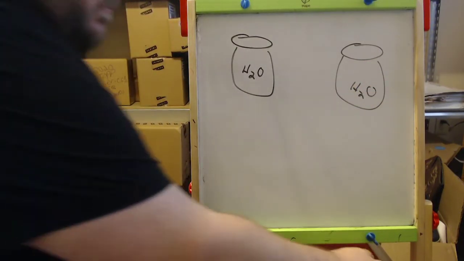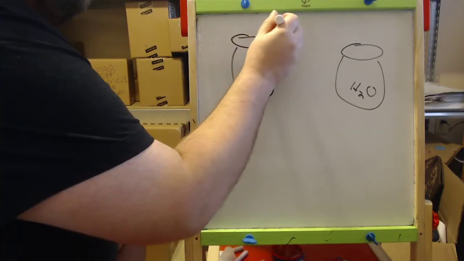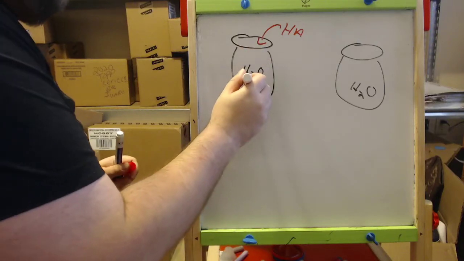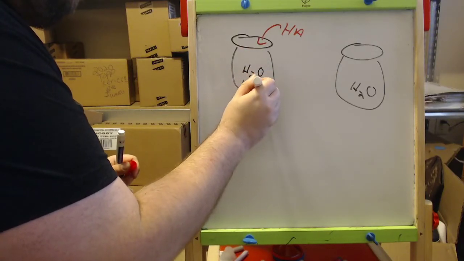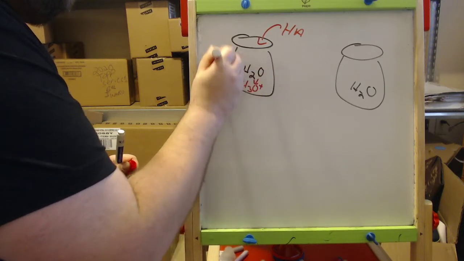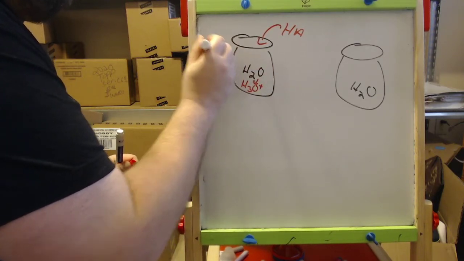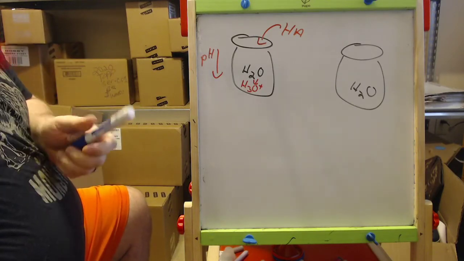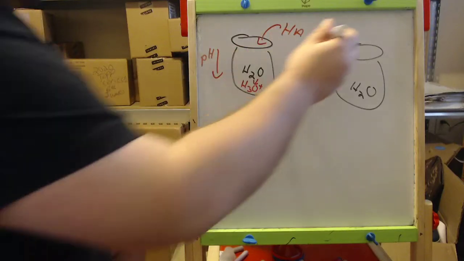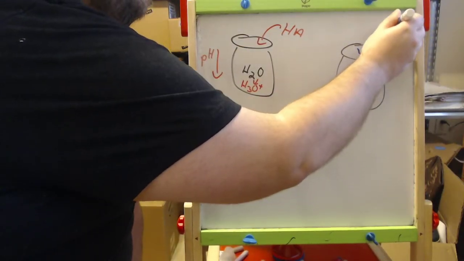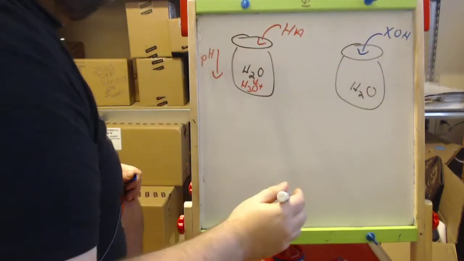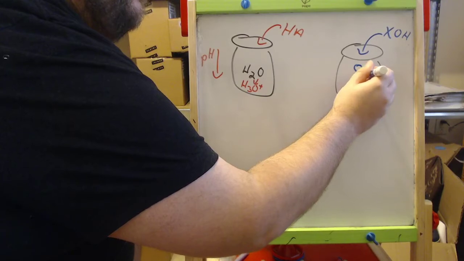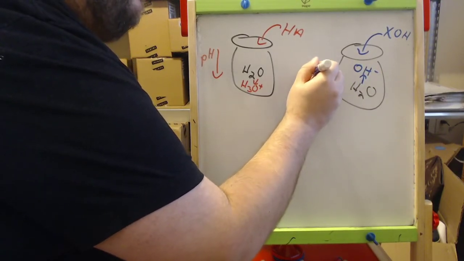If I add acid to the water, I'm going to create hydronium, which is going to cause the pH to drop. If I add base to water, I'm going to create hydroxide, which is going to cause the pH to go up.